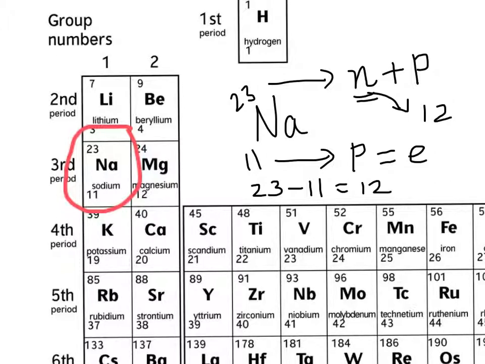You should also know that the number of protons is referred to as the atomic number of an element, and the number of neutrons and protons put together, that's the bigger number, is referred to as the mass number of an atom.